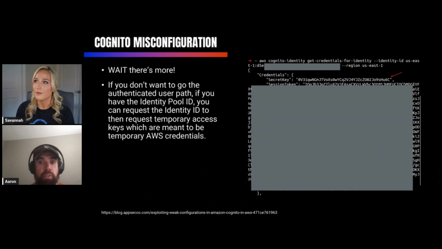A lot of times there is a real case for having these types of unauthenticated credentials with the Cognito user pool, but I just think it's very odd to have this type of configuration. You can pull down temporary unauthenticated credentials just by having that identity ID, as you can see here. Sometimes they'll be locked down, but if the organization doesn't have the permissions on that user configured properly, someone could potentially use those credentials to enumerate the environment.